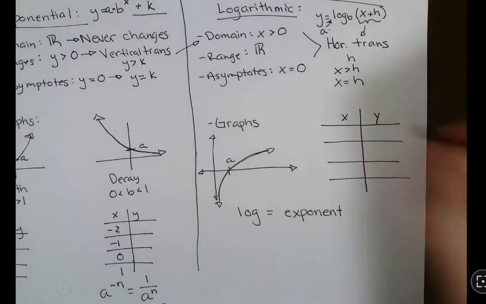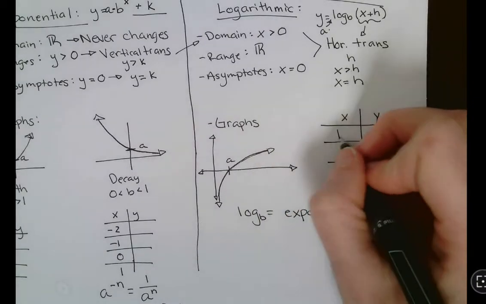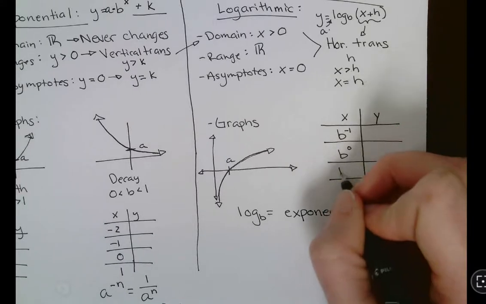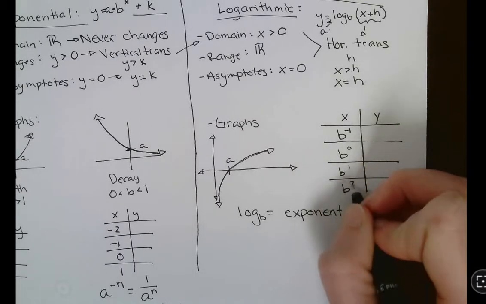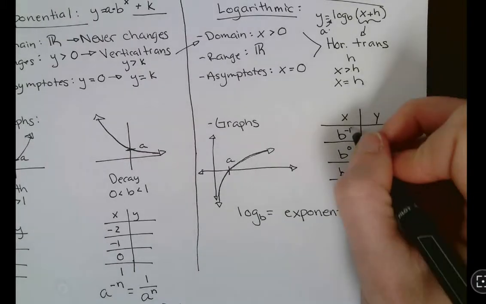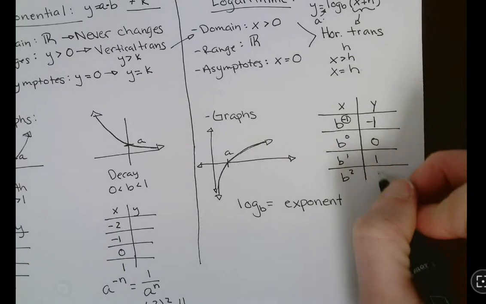So what if I have a log base b here, and I say, well, I'm going to do b to the -1, b to the 0, b to the 1, and b squared as my x values. Well, my y values would just be equal to these exponents, so -1, 0, 1, and 2.